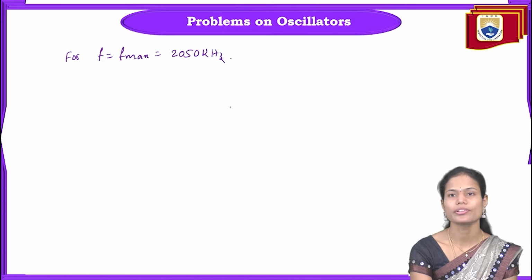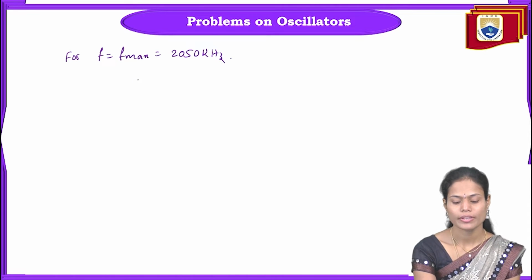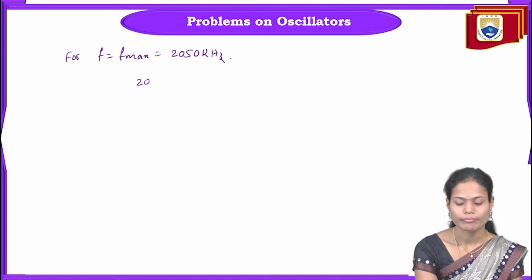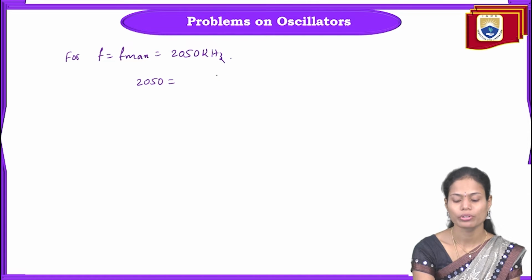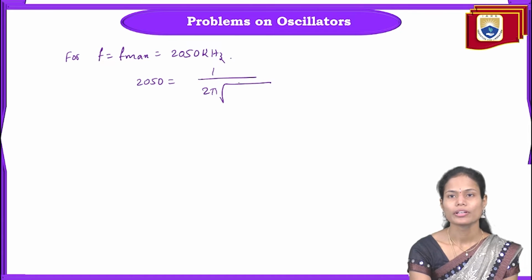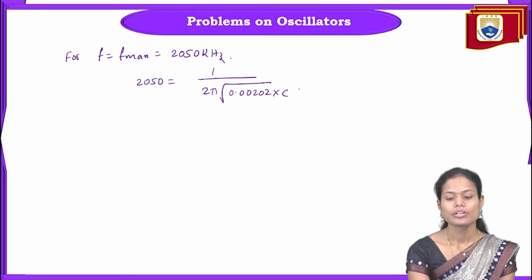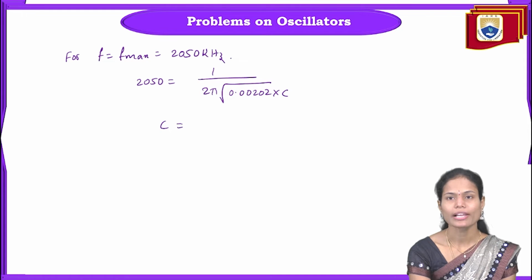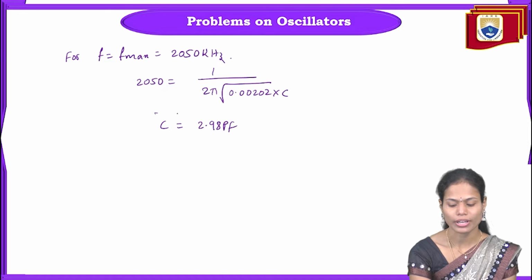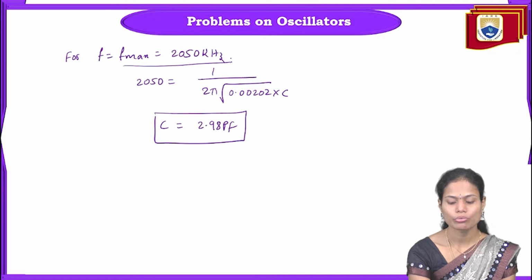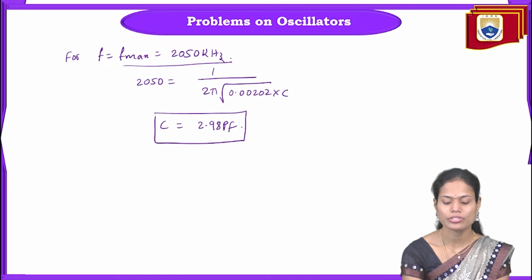To find the capacitance, I am taking the frequency 2050 equal to 1 by 2 pi under root of L equivalent value we have calculated, 0.00202 into C value. If we simplify this, we will get the capacitance value as 2.98 picofarads. So at 2050 kilohertz, the capacitance required is 2.98 picofarads.